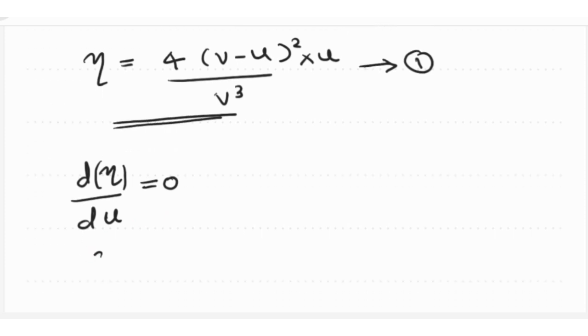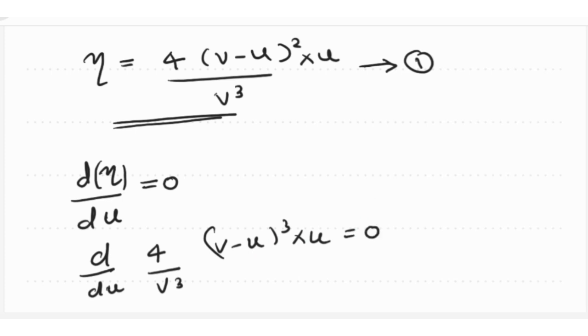So that is d by du of, so here 4 is a constant, v cube is constant, I will take that outside, so v minus u whole cube, so that should be equal to 0.